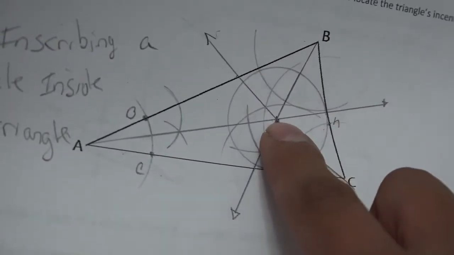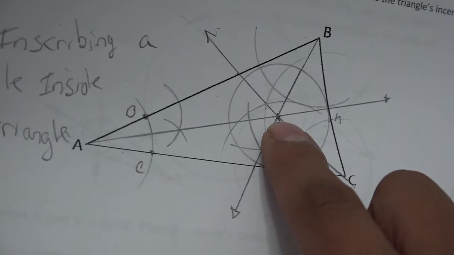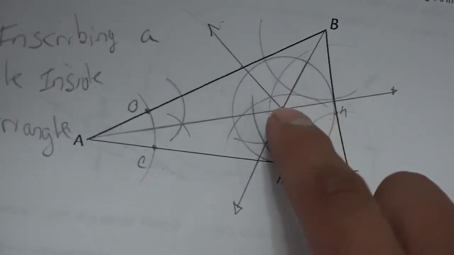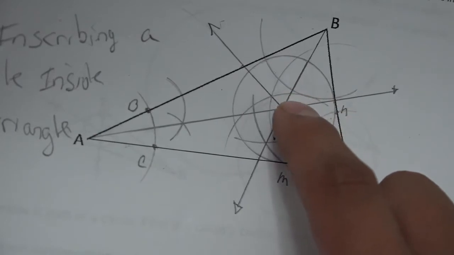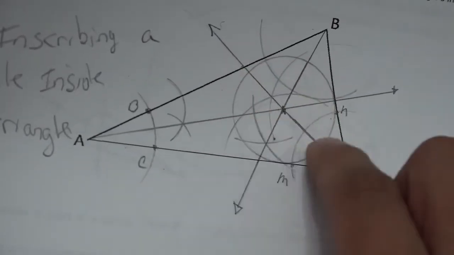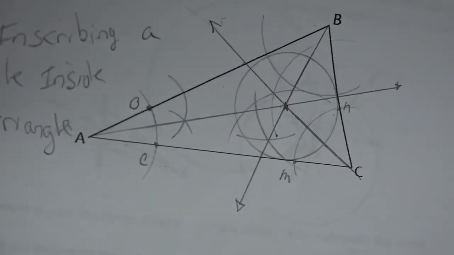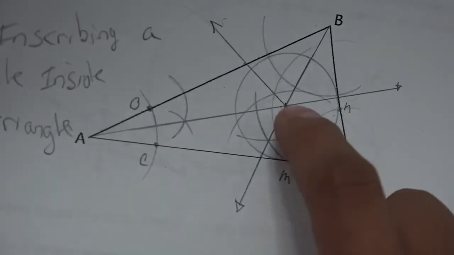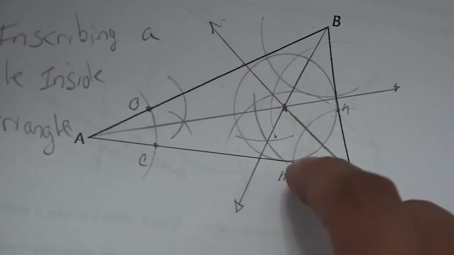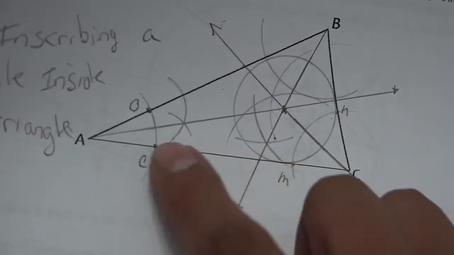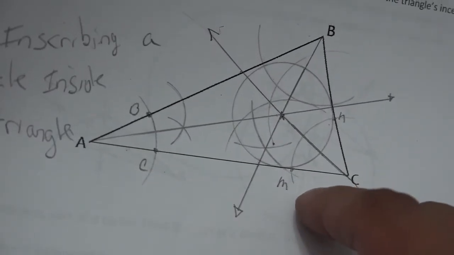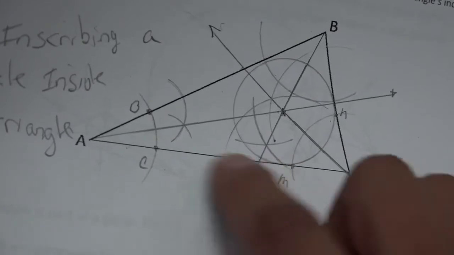At this point they all meet at the point of concurrency. This becomes the center of the inscribed circle of the triangle, and it's also equidistant from the perpendicular to the side of the triangle.